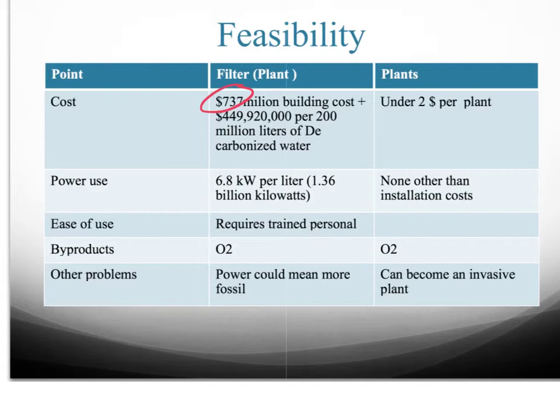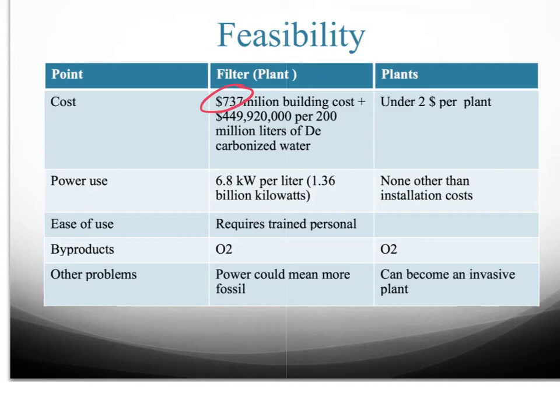And so that obviously gives you a huge benefit, because not only do you not have to replace the carbon dioxide filters over time, but the plants grow and they reproduce. In fact, they kind of build more carbon dioxide filters if you look at it.